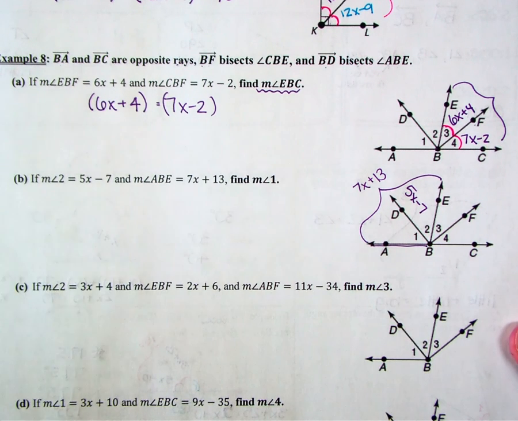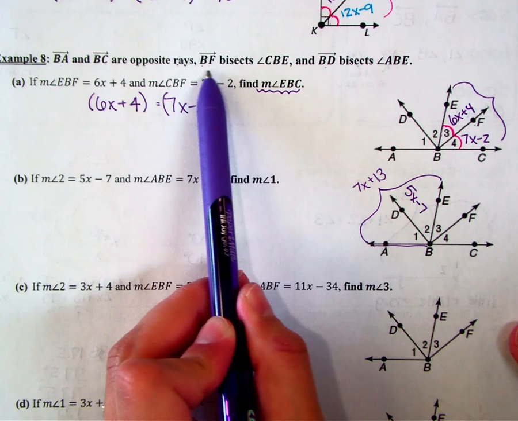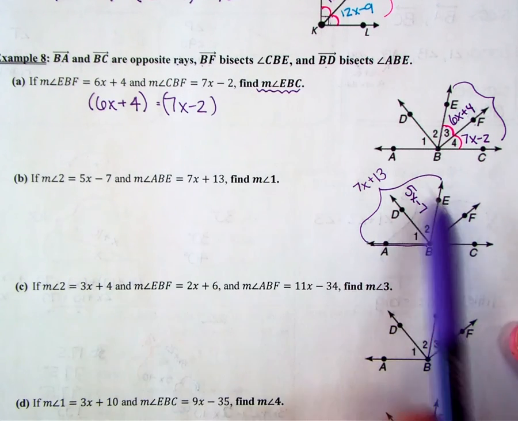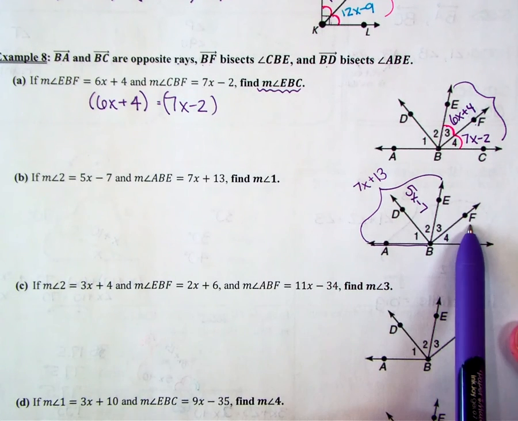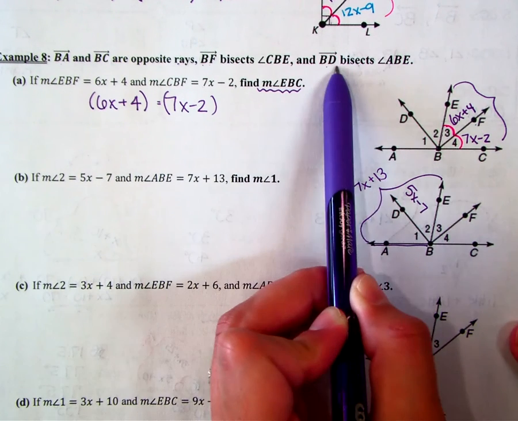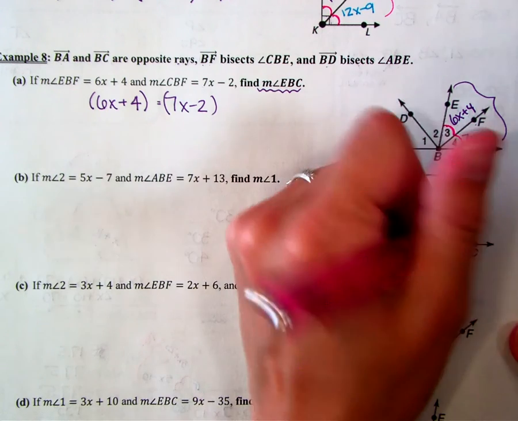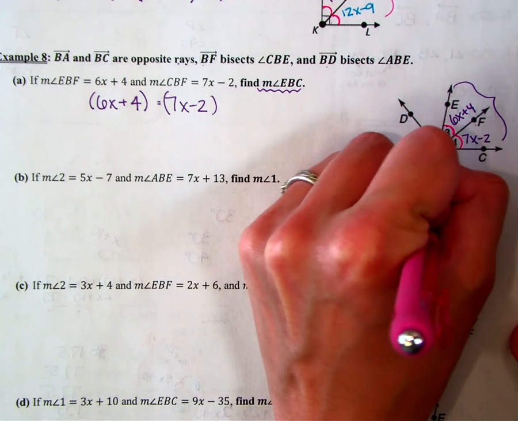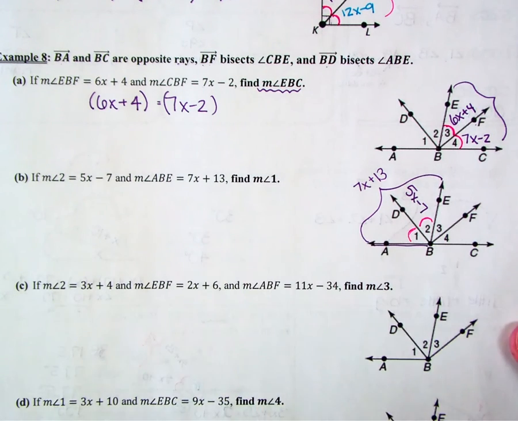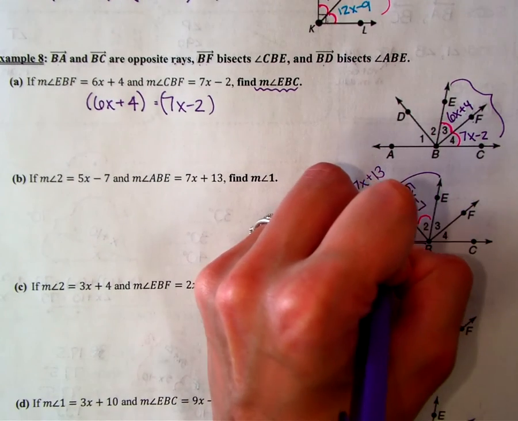So we'll go back in our instructions and find the important information. BF bisects CBE, so we don't really have anything over here, so that's not important. But BD bisecting ABE is important. Bisect means two equal pieces. If we know angle 2 is 5x minus 7, we also know that angle 1 is 5x minus 7.